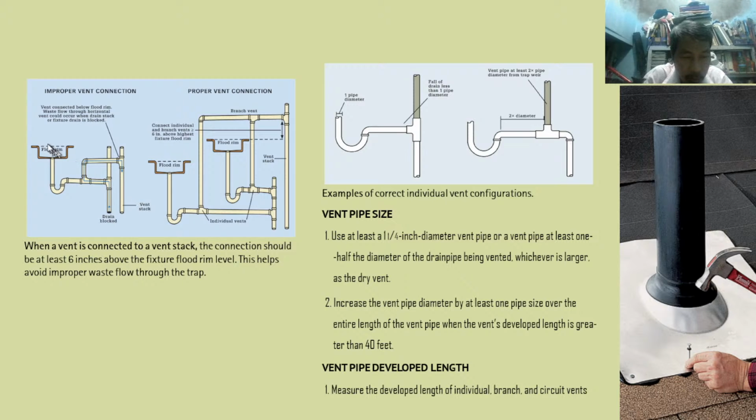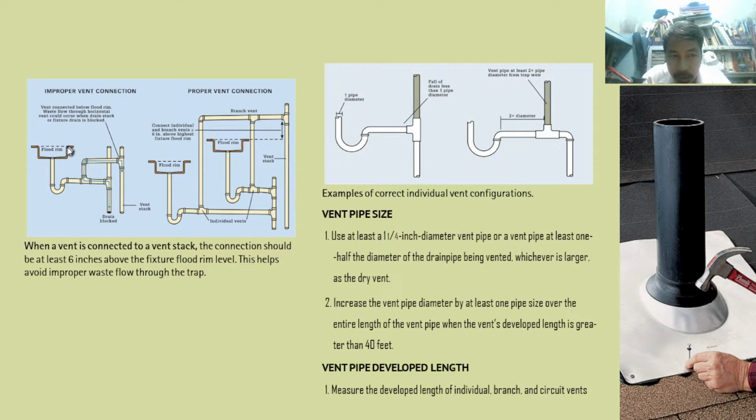Now, this is what we mean by flood rim level of the fixture. So not the pipe. The pipe is only up to this point. Take a look. But the flood rim level of the fixture is there. For example, this is a kitchen sink.